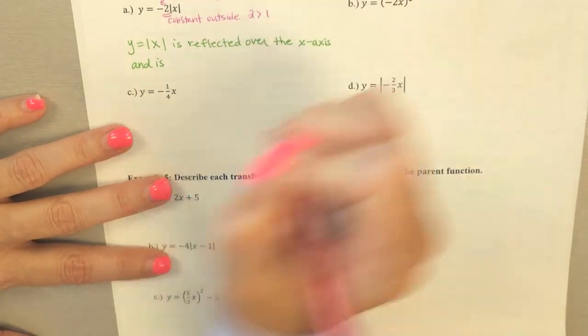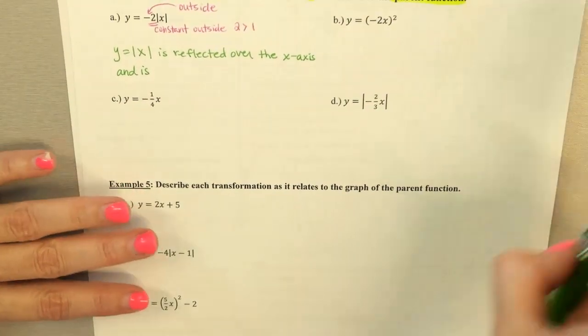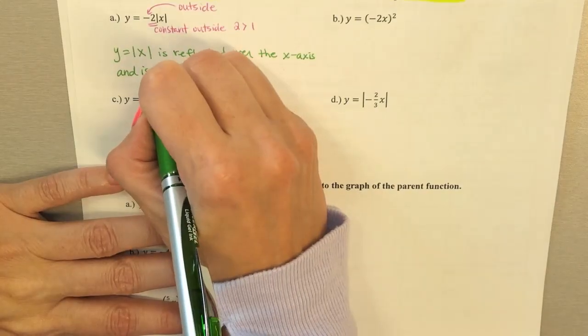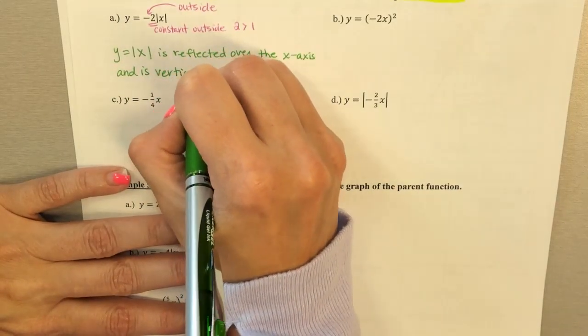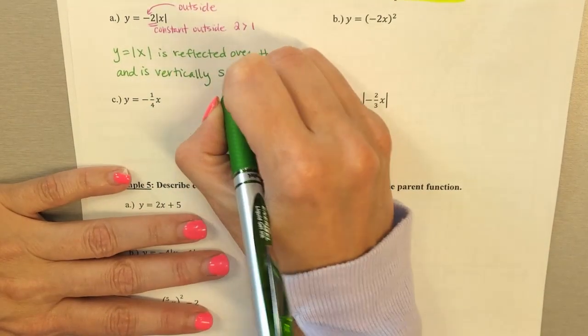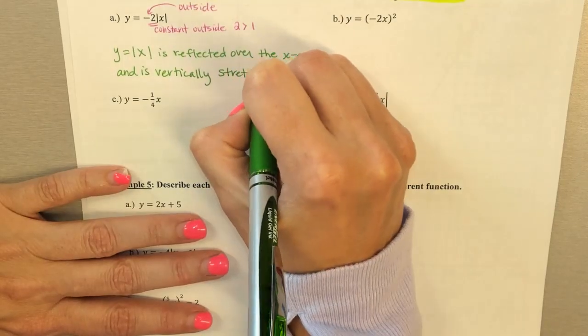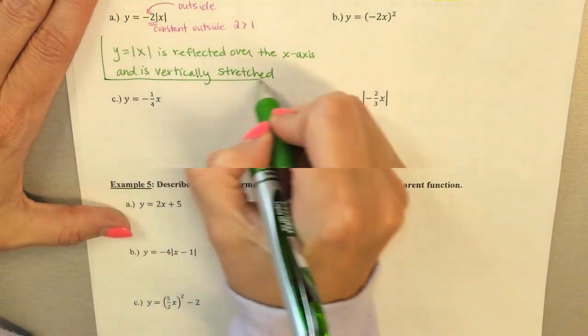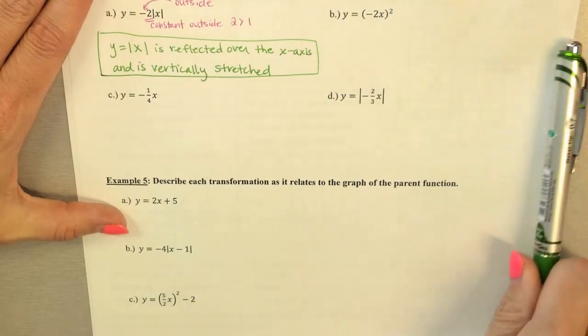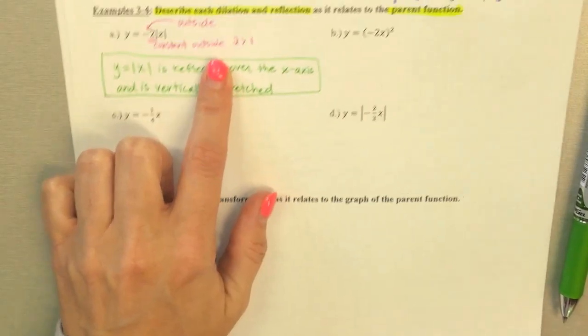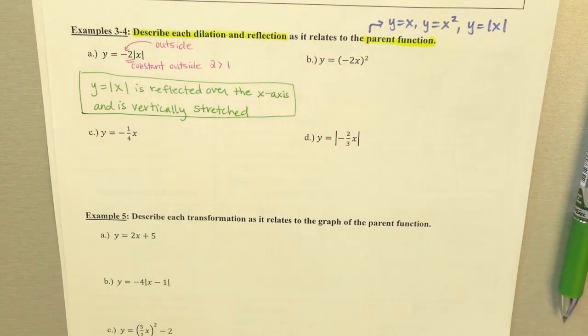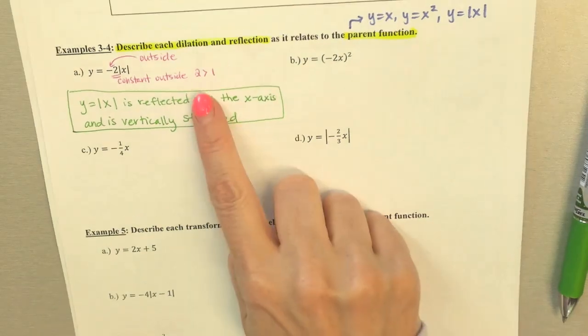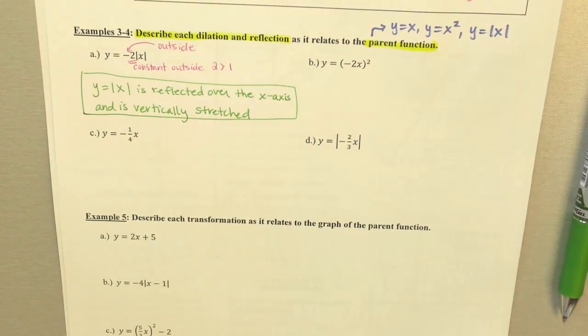So if 2 is greater than 1, it's going to be vertically stretched or compressed. Stretched. Okay, so you don't have to write all that down when you're doing your homework, but that's what you should be thinking about in order to get your answer. Okay, it's a constant that's on the outside. The constant is greater than 1. That's what makes it a stretch.